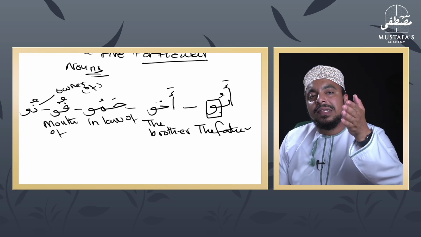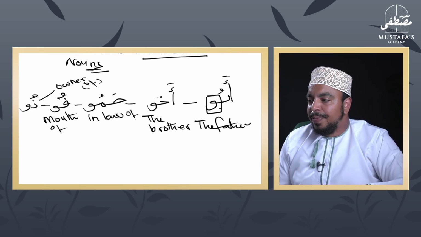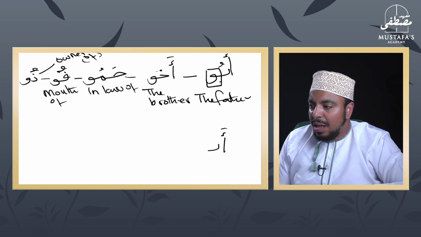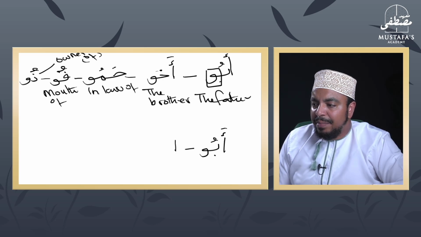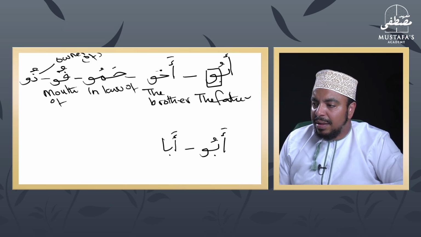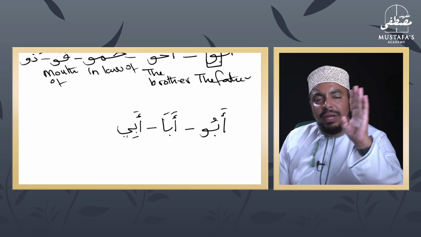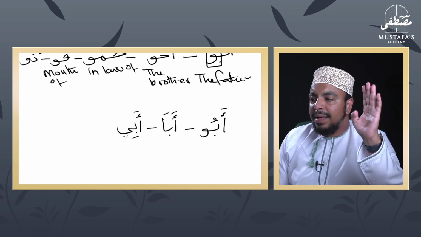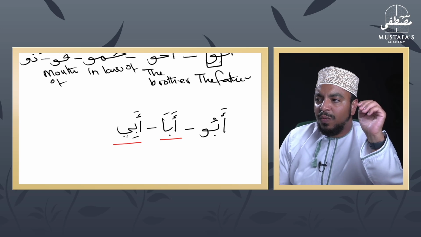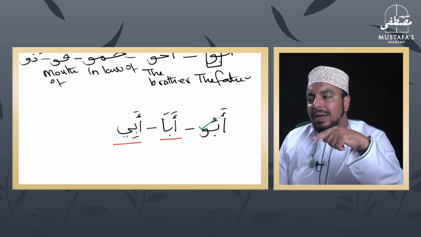The waw is what shows its i'rab, because this word can be, for example, abu, can be aba, can be abi. Any one of these, and they all mean the same thing, nothing different. But each one of these is a different type of i'rab. We are focusing on only one type, that this one is in a state of rafa' ending with a dhamma.